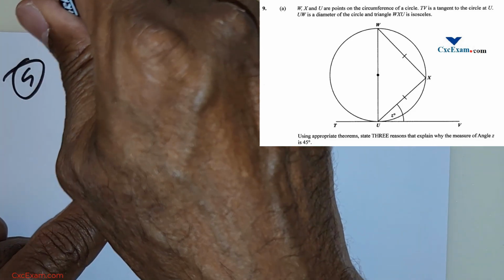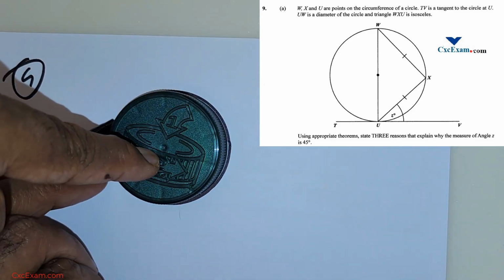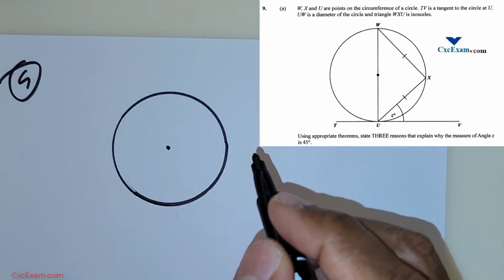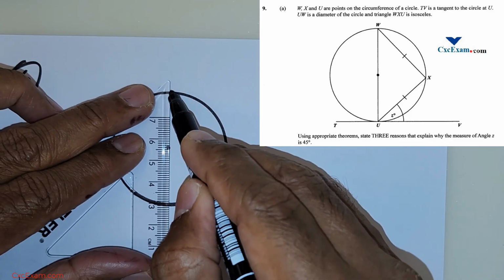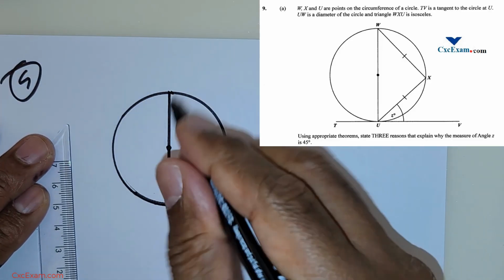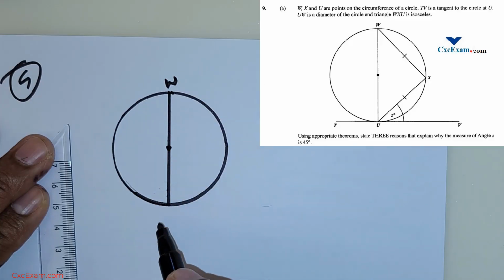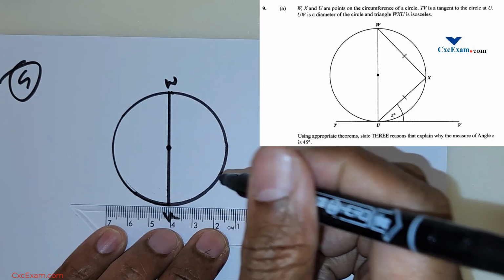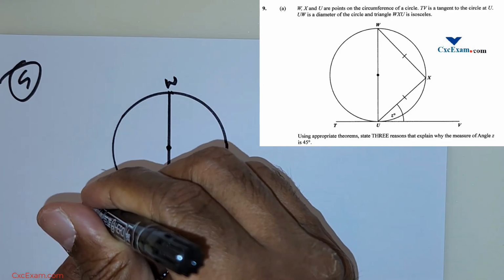Now let me draw the circle. So we have a circle, and the figure is not to scale. This is the diameter WU, and you have a hit here. A tangent is hitting.